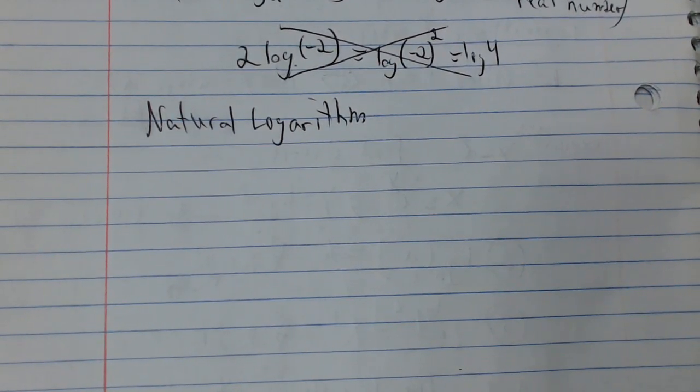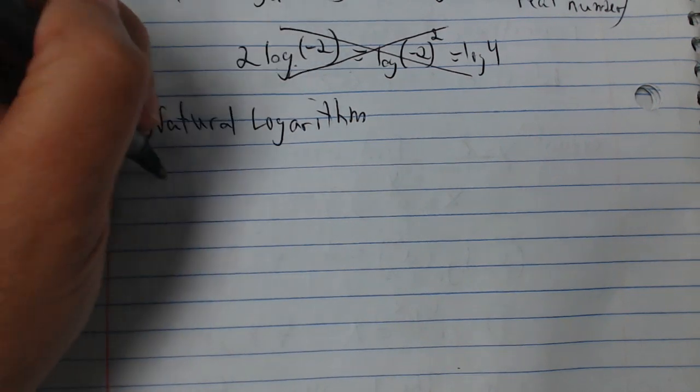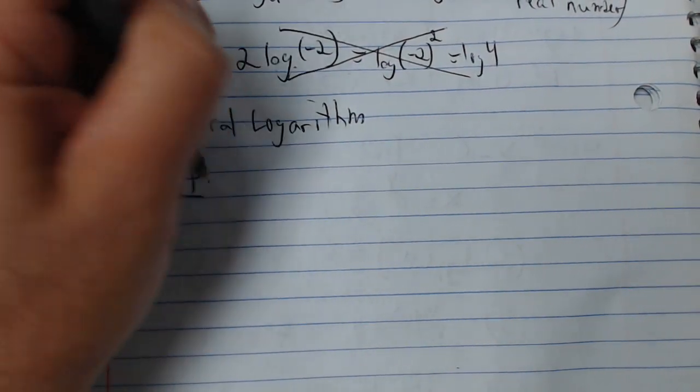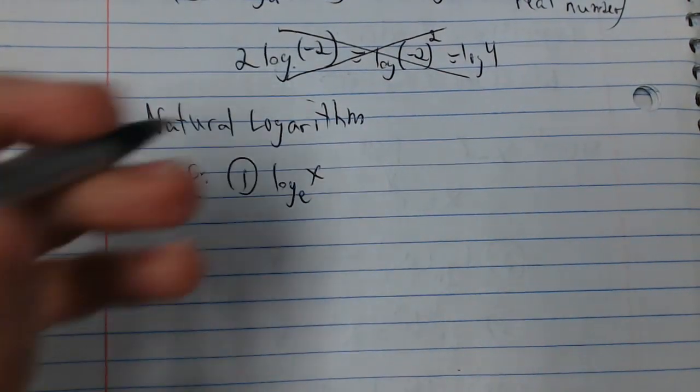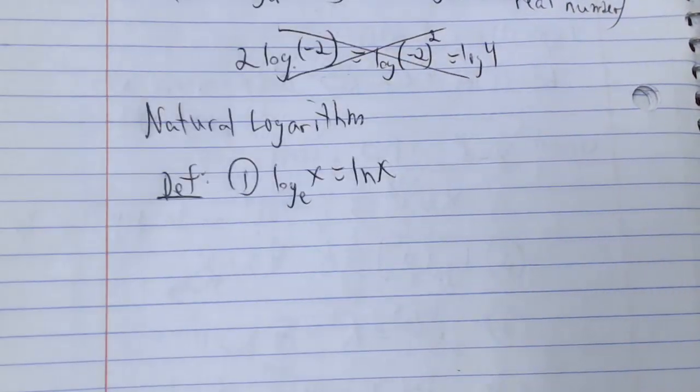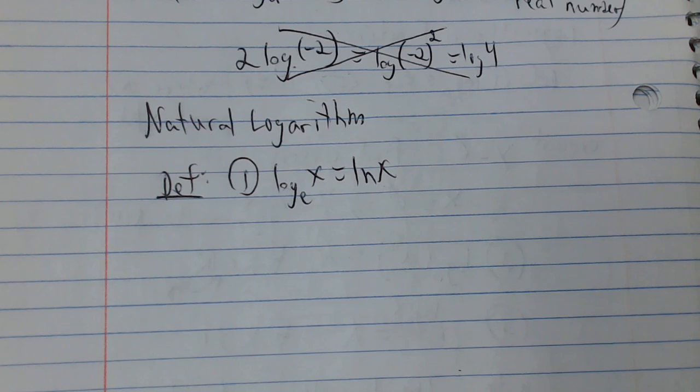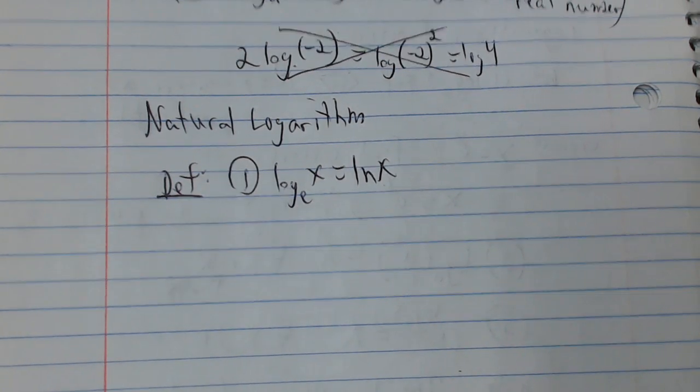The natural log doesn't really change anything. It still follows the same rules of logarithms. It's just instead of writing log base e of x, this gets shortened to ln of x. So it might look different, but it's just like an ordinary logarithm. The only difference is its base is that number e.